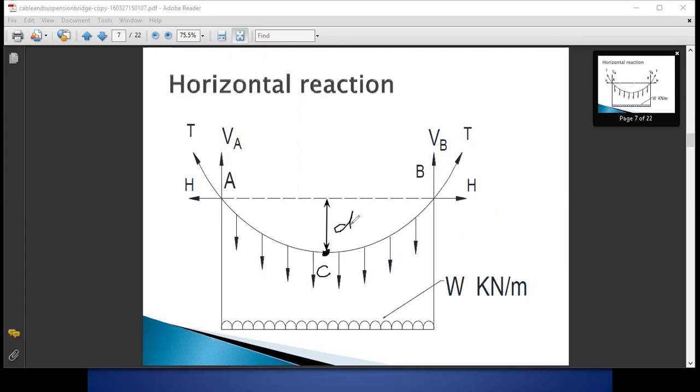Vertical distance is your small d and span L. This angle is beta with respect to vertical.